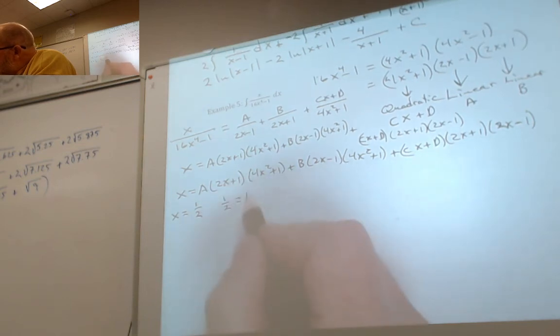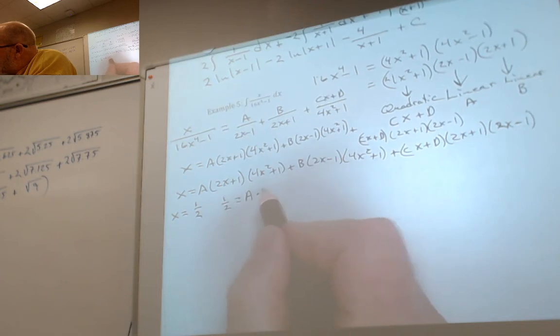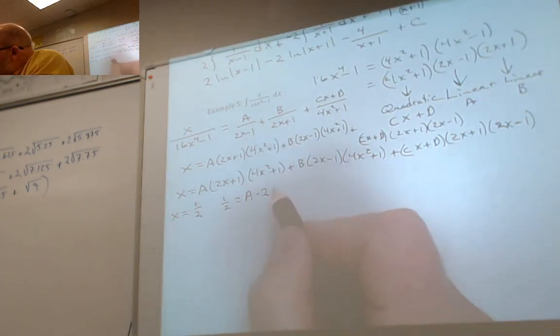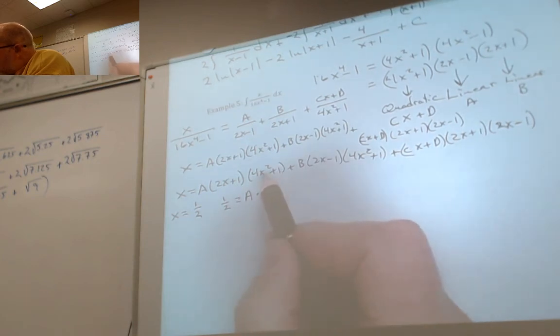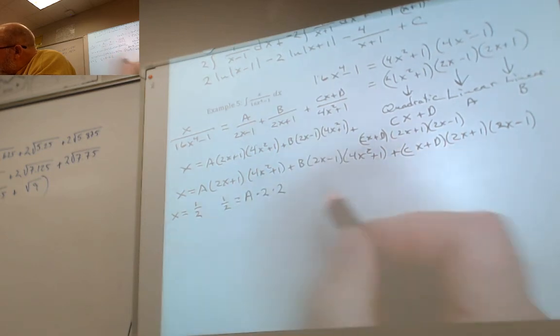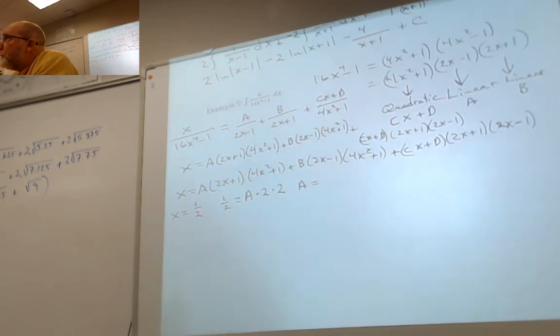So I'm going to get A times 2. Would you agree? If I put a 1/2 in here, I square it, and I get a 1/4. And 4 times a 4th is 1, and 1 plus 1 is 2. So I get another 2. So that means A is equal to what? 1/8.